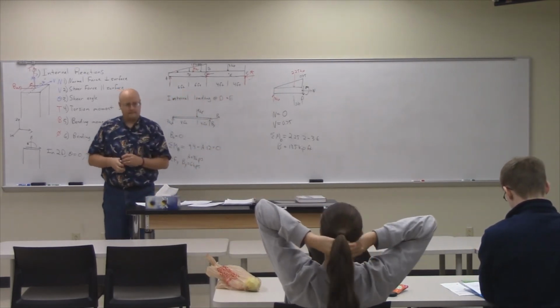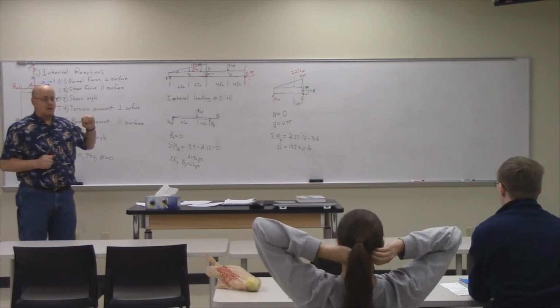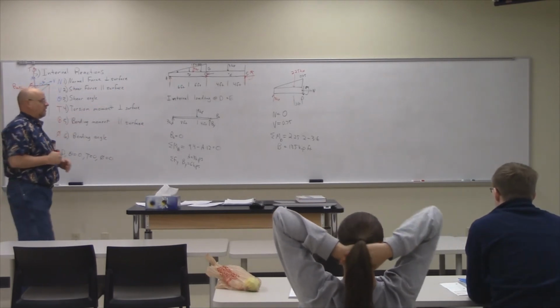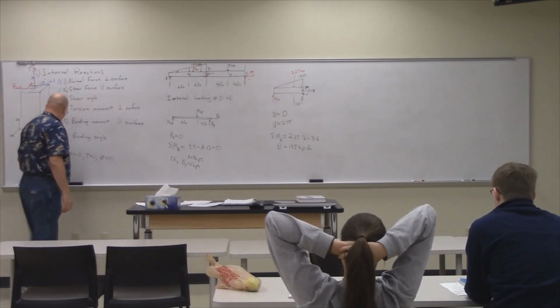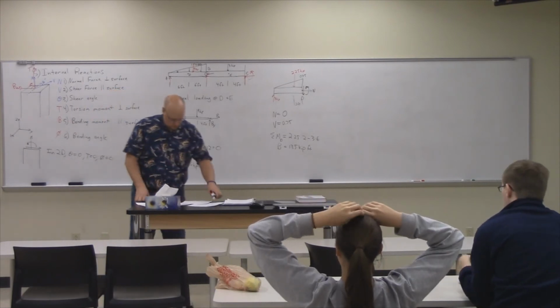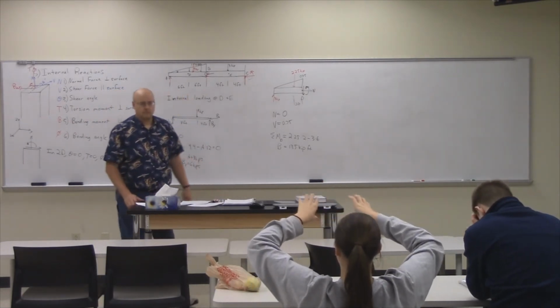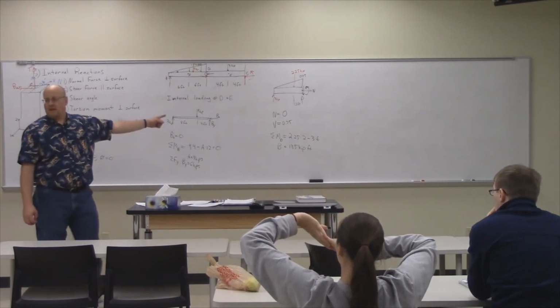But is the sign correct? Have I drawn, based on my drawing, is that the correct sign? Should it be positive or negative? All right, I'm going to make everybody vote. Positive or negative?